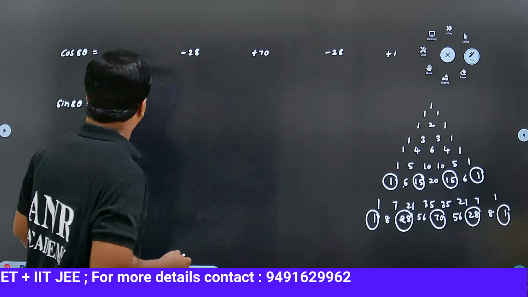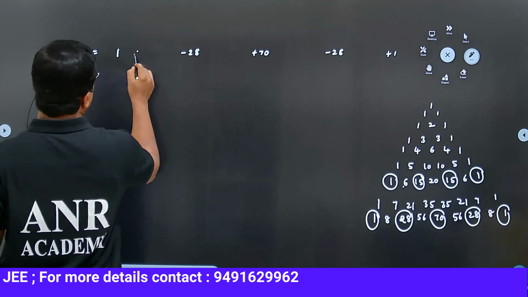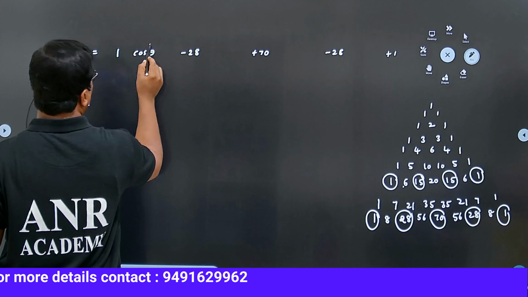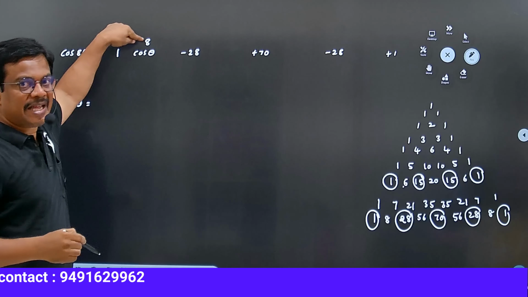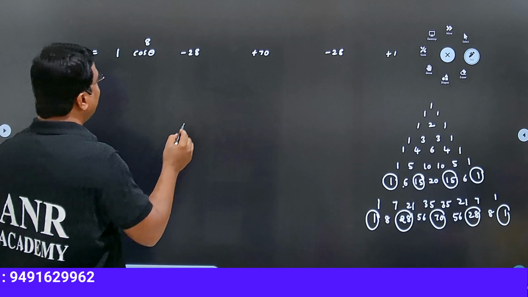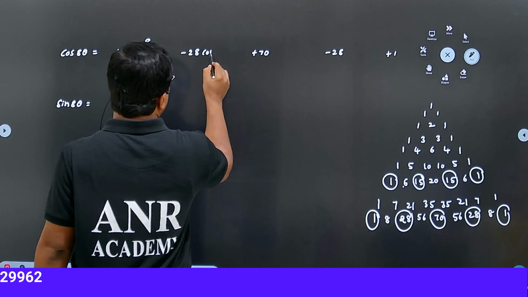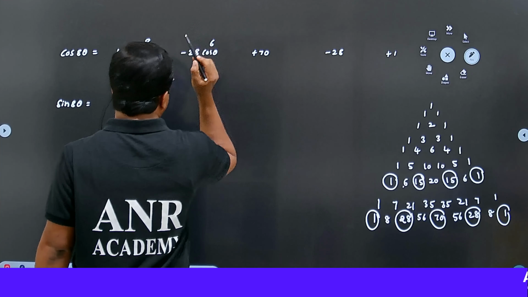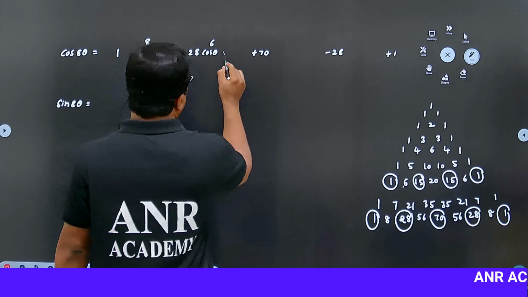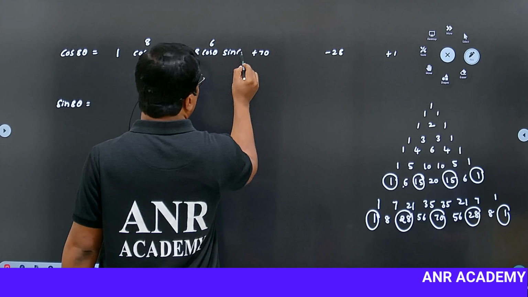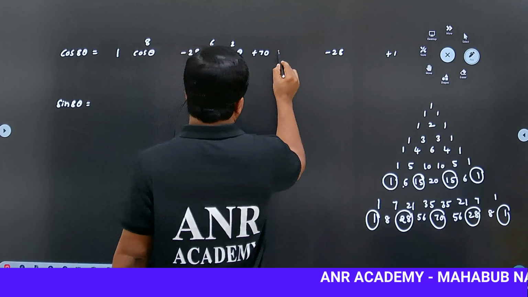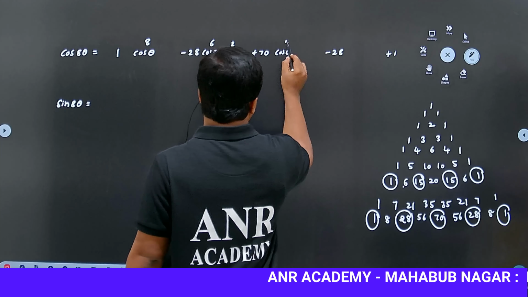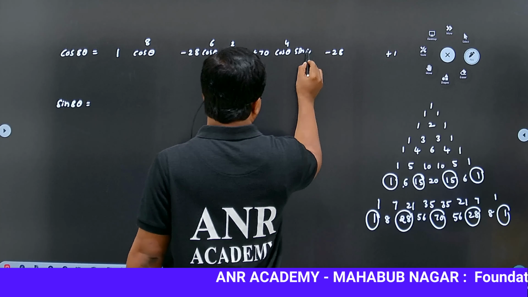Okay, let us start with the cosine angle whose exponent is 8. When you have 8 theta, start with 8, and then reduce the cosine exponent by 2 units and increase the sine exponent by 2. Next continuation, cos theta power 4, sin theta power 4.